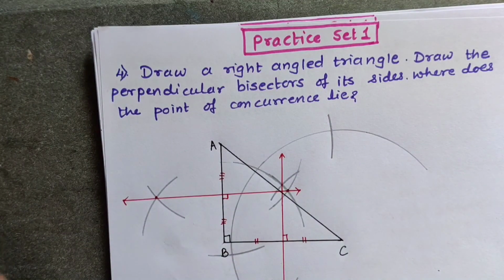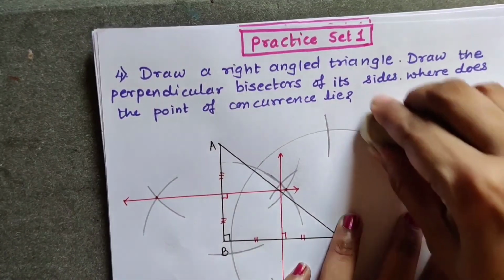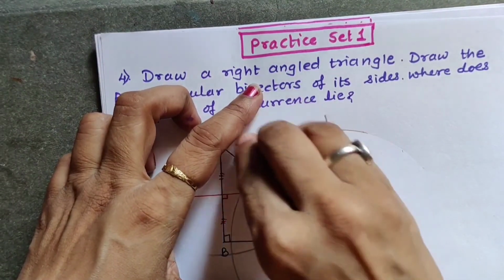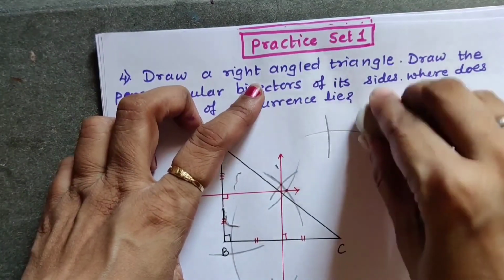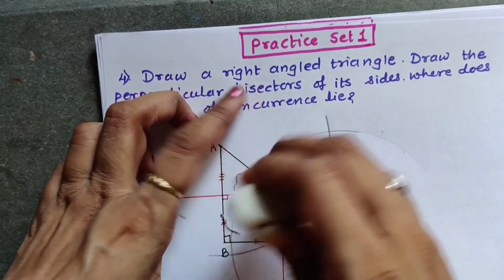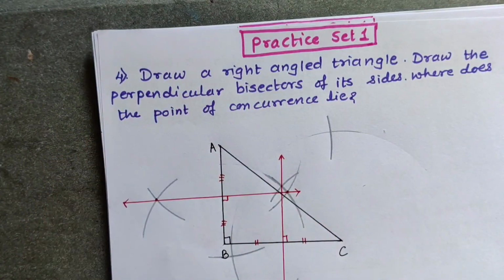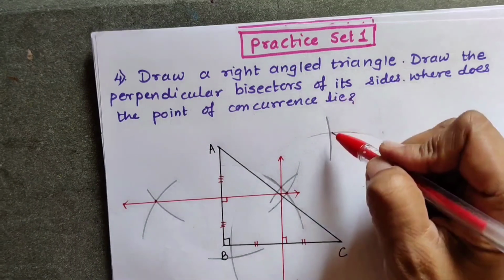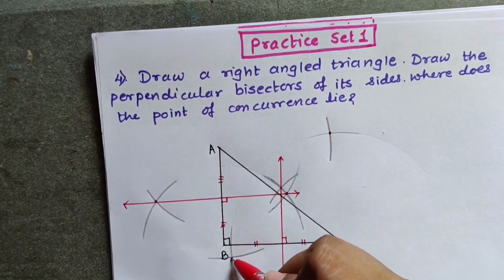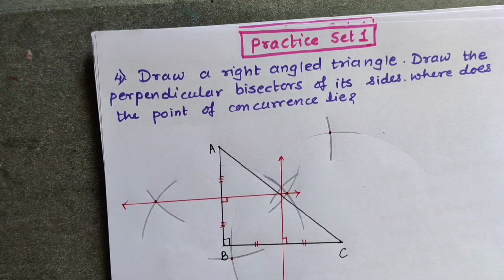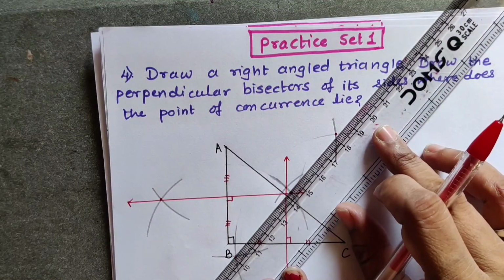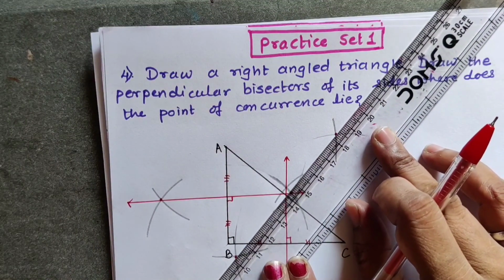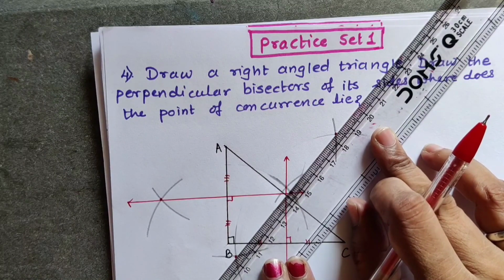Now let me rub out the extra portion of these arcs. As you all can see, I have rubbed out the extra portion. So we are getting two arcs here. I am going to make them little dark. Now we are going to draw a line passing through these 2 points. Draw the line properly, carefully.